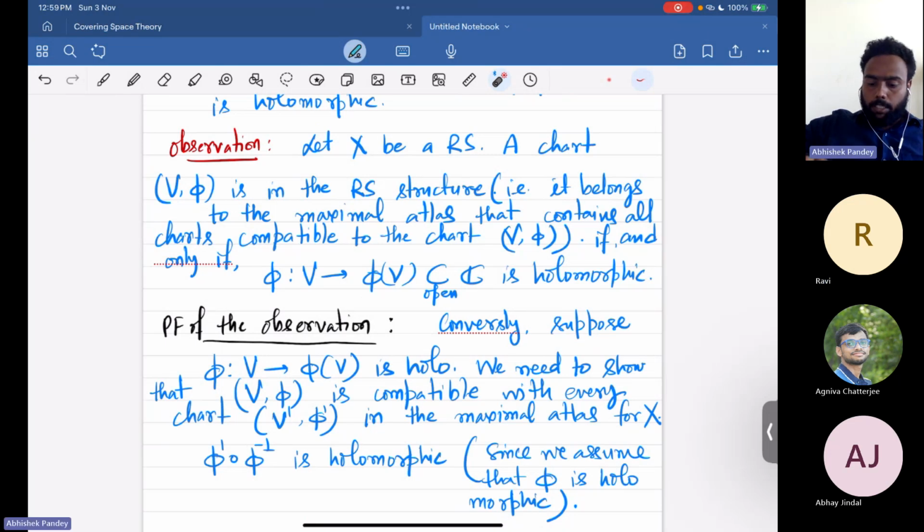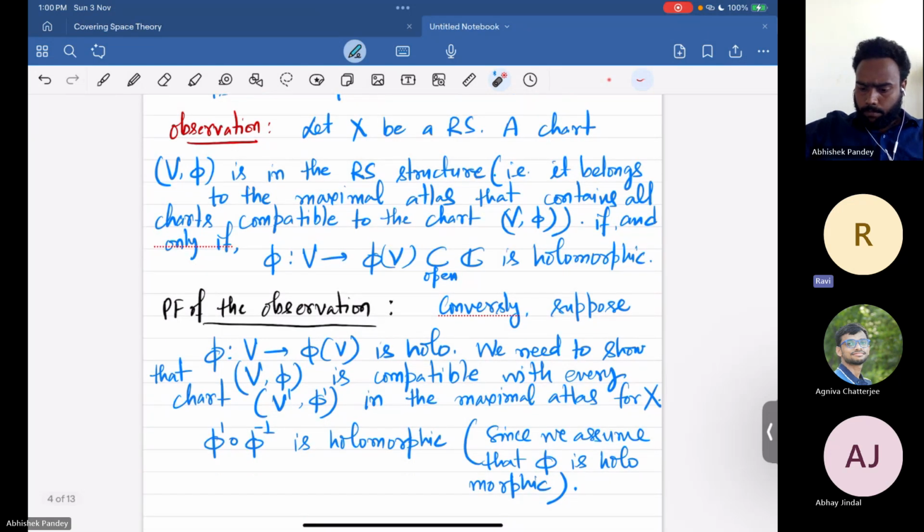The Riemann surface structure of V means the atlas of this V coming from the Riemann surface structure of X, by taking the restriction of that one. You can just take V intersection that atlas. So there are not two atlases; we have a given Riemann surface with some atlas, and we are just restricting to that atlas.